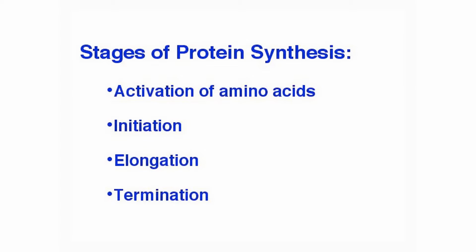Sorry about that. Now we're going to look at the 4 stages of protein synthesis. The first step is the activation of amino acids. So amino acid substrates undergo activation by the formation of the covalent aminoacyl tRNA.